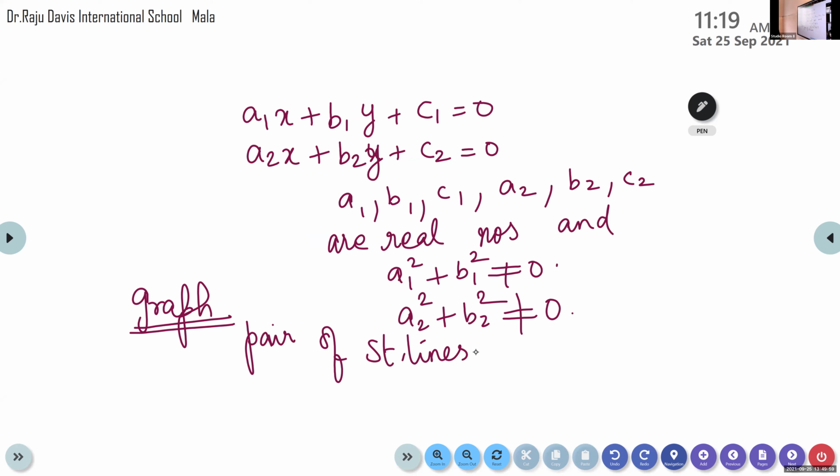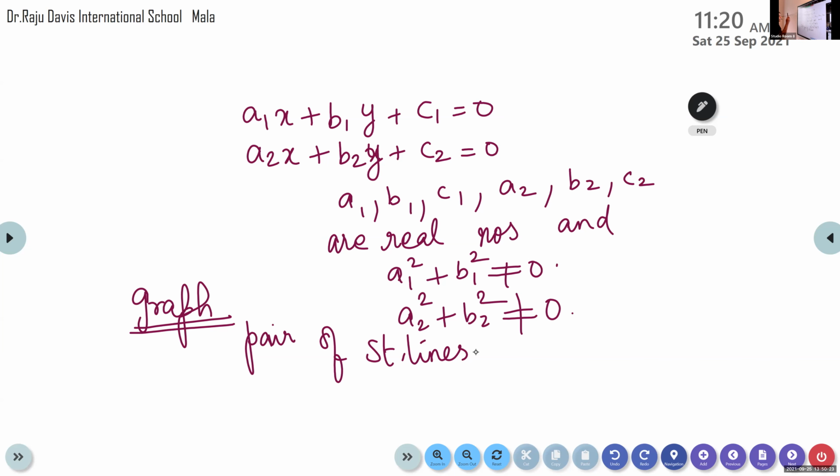Okay, the general form is A1x plus B1y plus C1 is 0 and A2x plus B2y plus C2 is 0, where A1, B1, C1, A2, B2, C2 are real numbers, with A1 square plus B1 square not equal to 0 and A2 square plus B2 square not equal to 0. And the graph is a pair of straight lines.